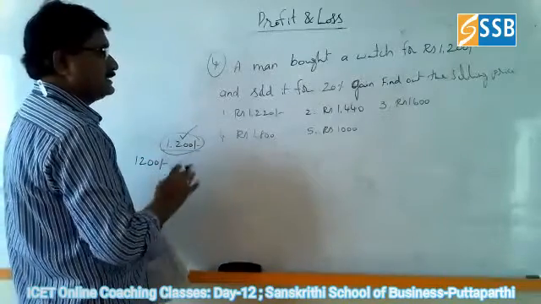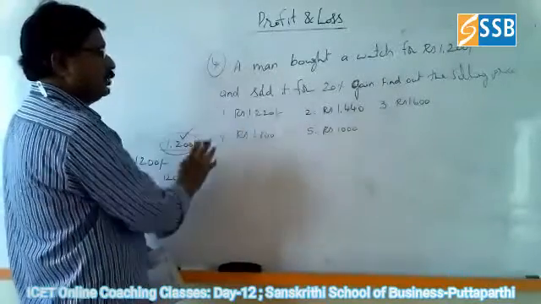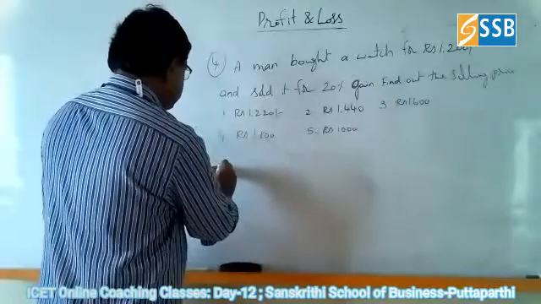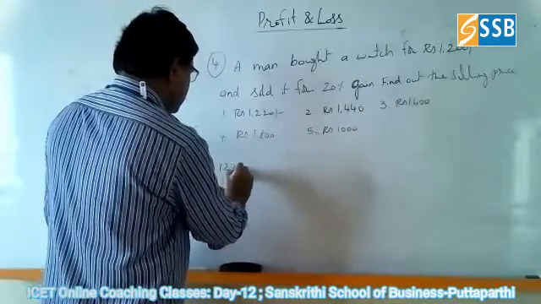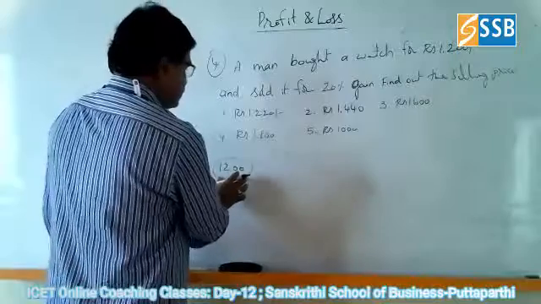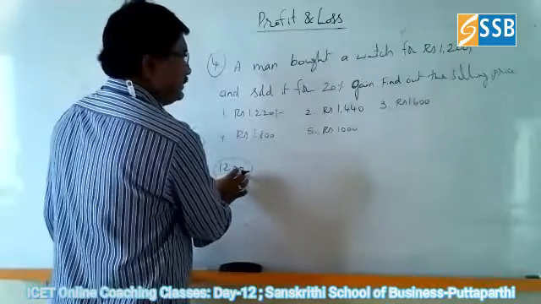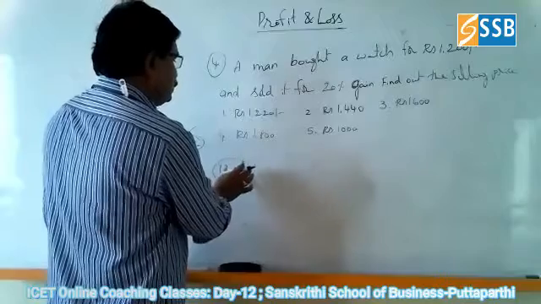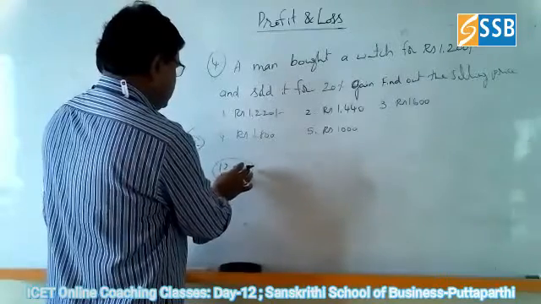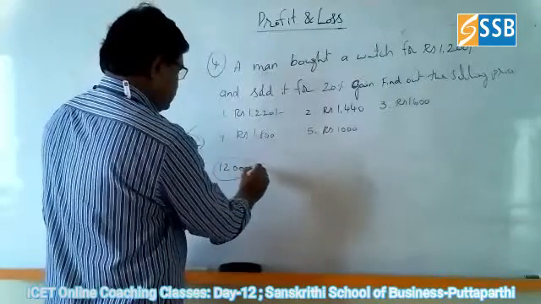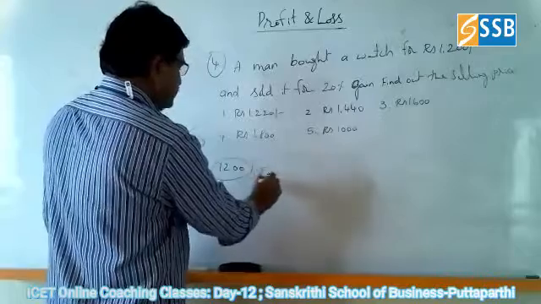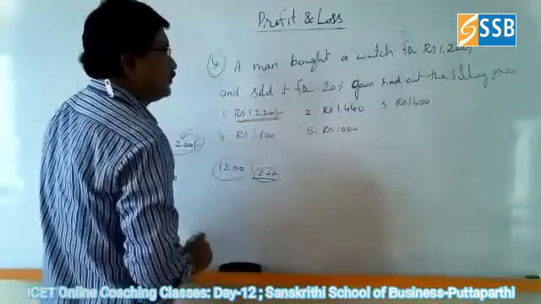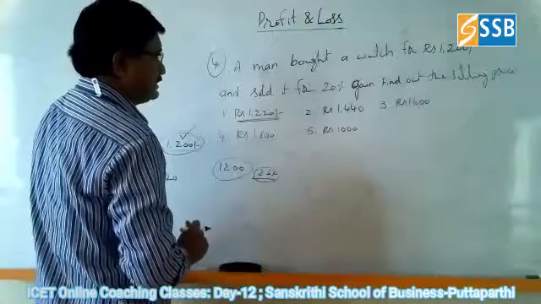Find out the selling price. So what is the selling price if he sold for 20% gain? So the selling price, 1200, he added 20% extra, right? 20% extra, the answer will be 1200 plus 20 rupees.